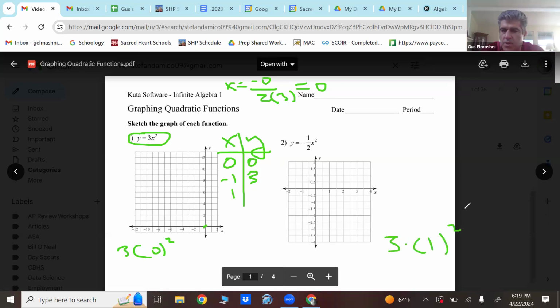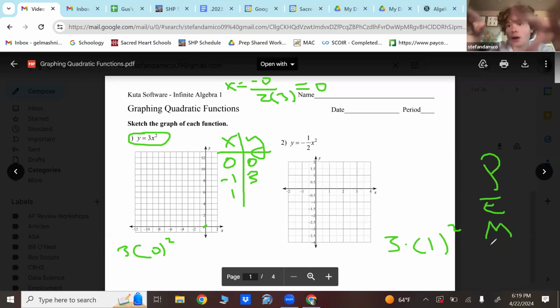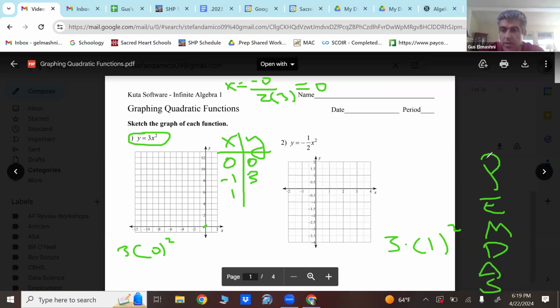Follow the order of operations, PEMDAS. What's first? Do you see parentheses? Everything in one set of parentheses is just one, so you're done. Do you see an exponent? Yes.